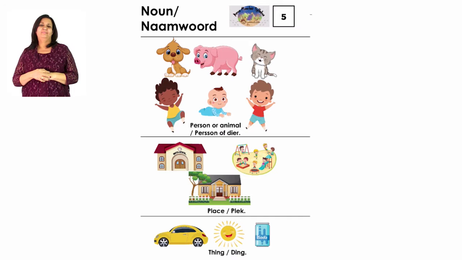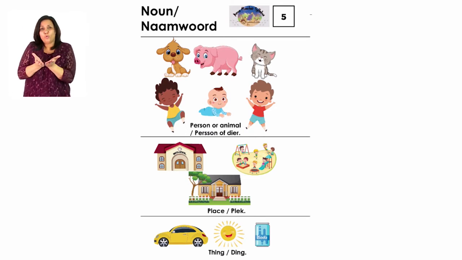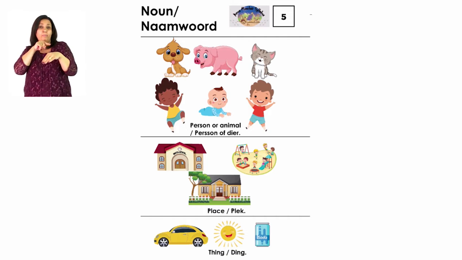Let's look at the picture just below the names of persons, or the nouns that we have just mentioned, which are the persons. Names of places are also nouns, like hospital, school, church, town, shop, playground.